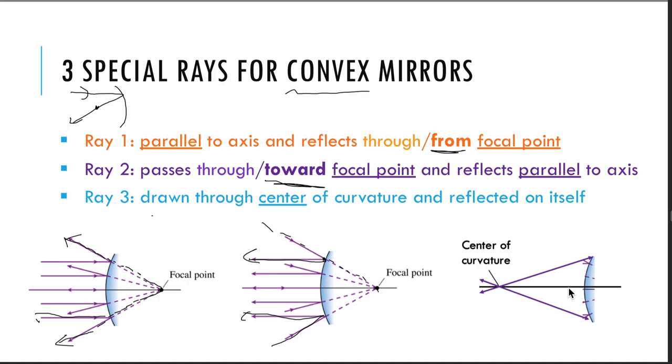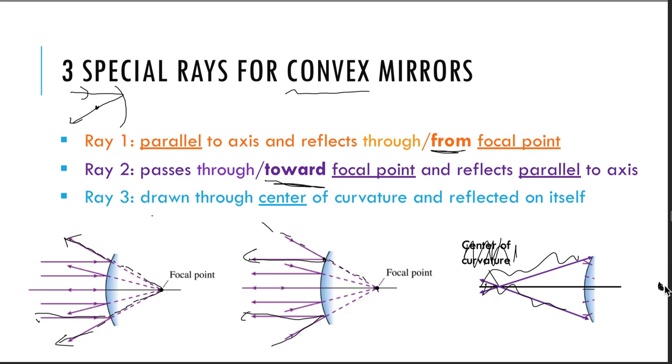Actually, I drew this incorrectly here because the center of curvature, I copied this from the previous slide, my bad, right? The center of curvature is on the other side, so it's okay to have a mistake every once in a while here.